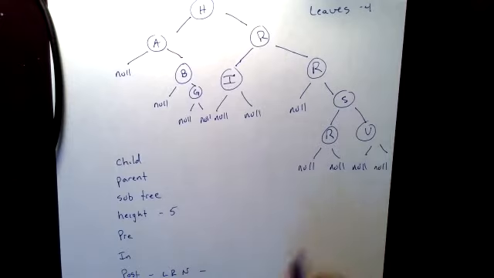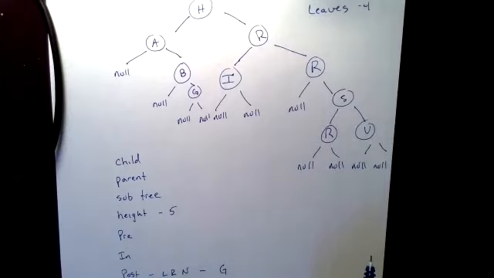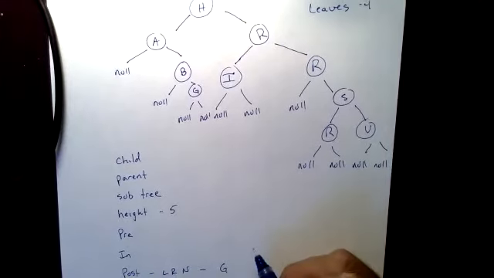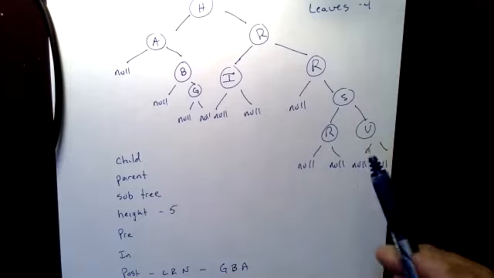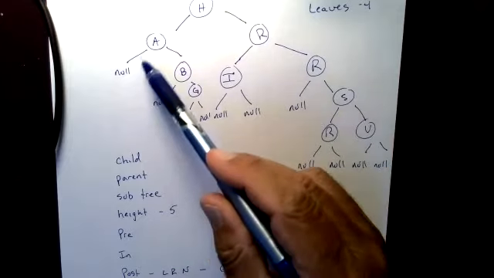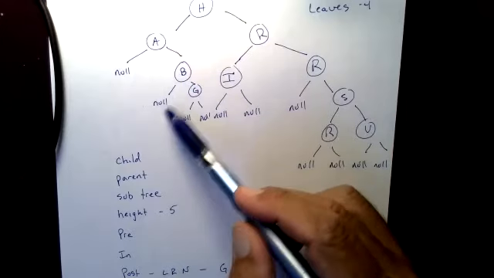G. B and then A. GBA. So I tried to go left, I couldn't. So I tried to go right, I tried to go left, I couldn't.